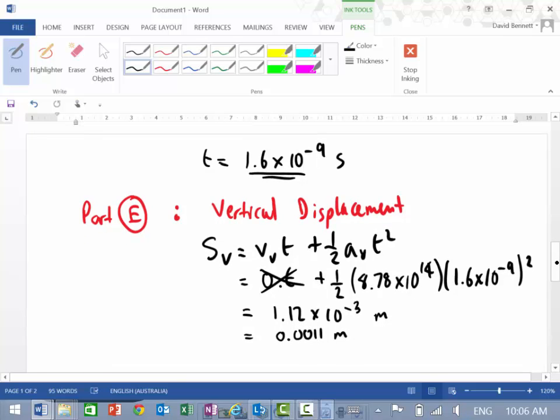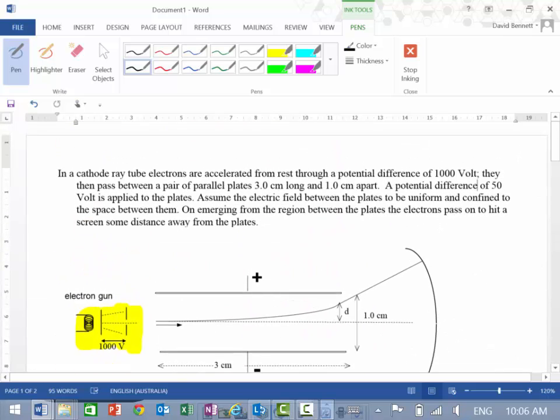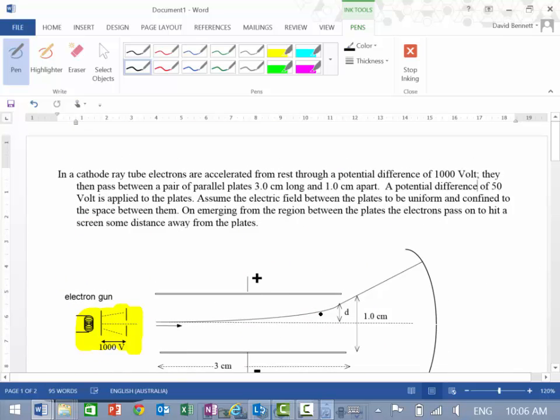So if we were looking at this going through our particular setup, it's going to go through here. It's probably going to get deflected about this much. It's not going to be deflected very much at all. So it's actually going to exit that particular plate quite nicely, isn't it?